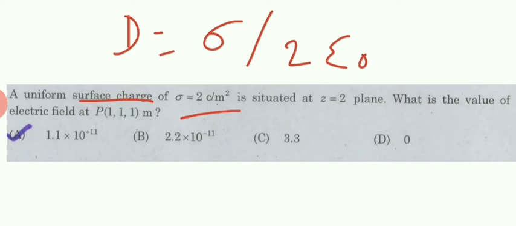See, whatever it is, from this equation we know that electric field is independent of the location or position of the charge. So these two factors are not at all useful for calculation. Directly we can substitute in the formula. D is equal to sigma by 2 epsilon naught. Sigma is 2.